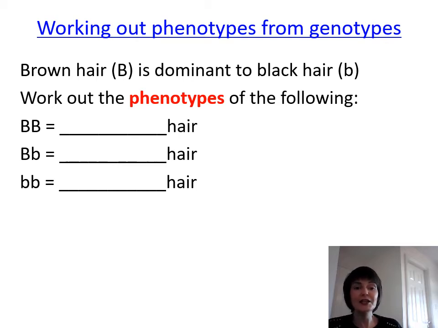If I have big B, little b, so I am not true breeding anymore. I am heterozygous dominant because I've got one dominant allele and one recessive allele. So I would be classed as heterozygous dominant. And now I'm asking you for my phenotype.